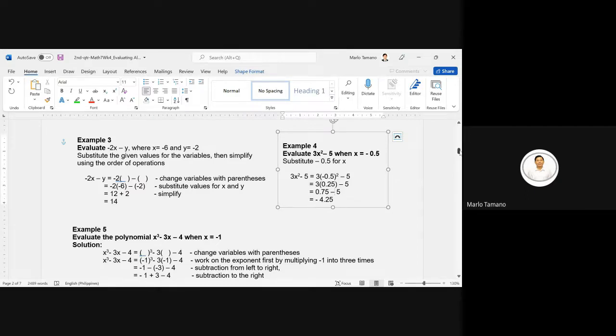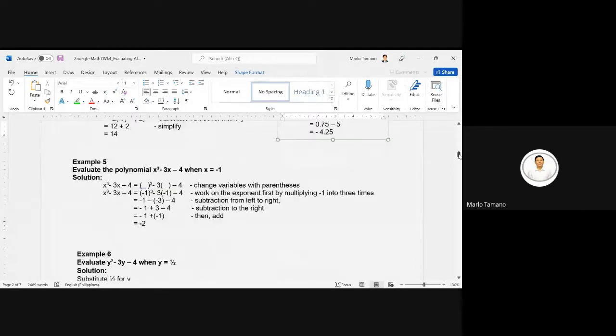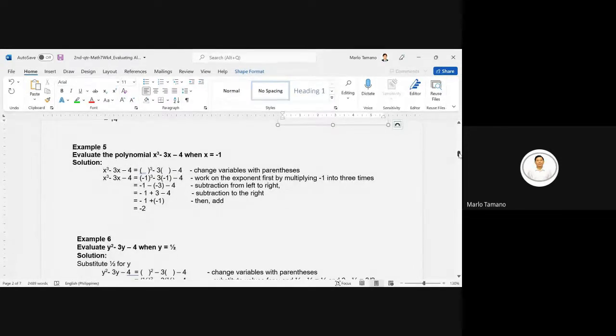Naintindihan? Okay, number 5 na tayo. Diyan lang naman sa subtraction po. Kapag meron kayong subtraction, laging ganun po ang process ninyo. Change the operation, change the sign. Yun po yung ginawa natin.